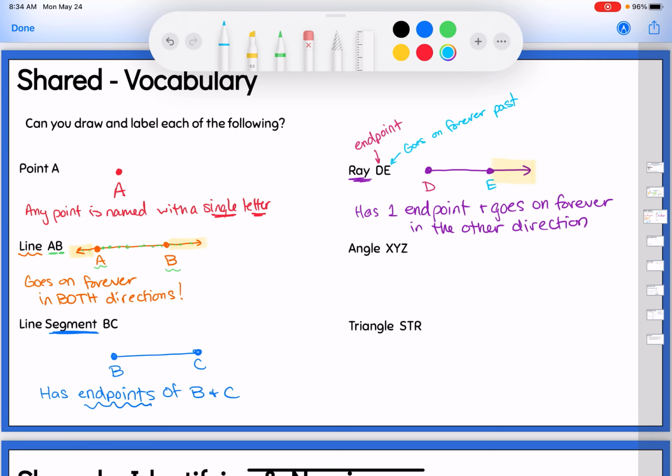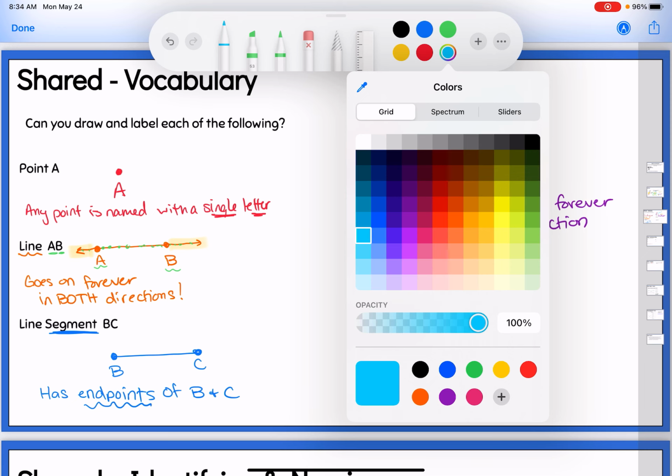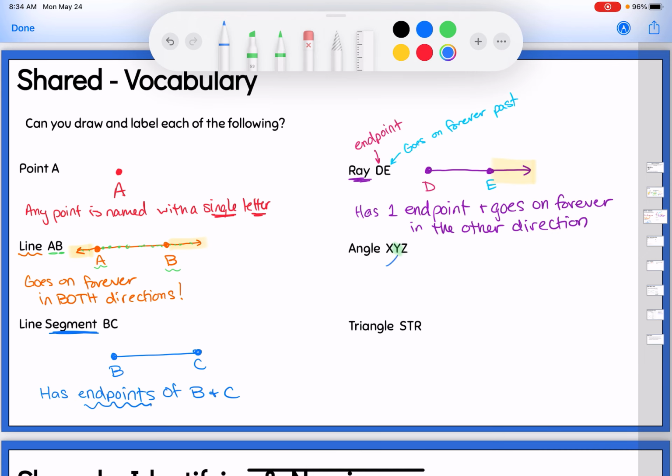All right, so now we have angle XYZ. Now we just talked about in our last problem, our warm-up, that this middle letter is the important one. That middle letter is the vertex, right? So we got to make sure, let me get a different color here. This is our vertex letter. So Y has to be here on the corner, right?